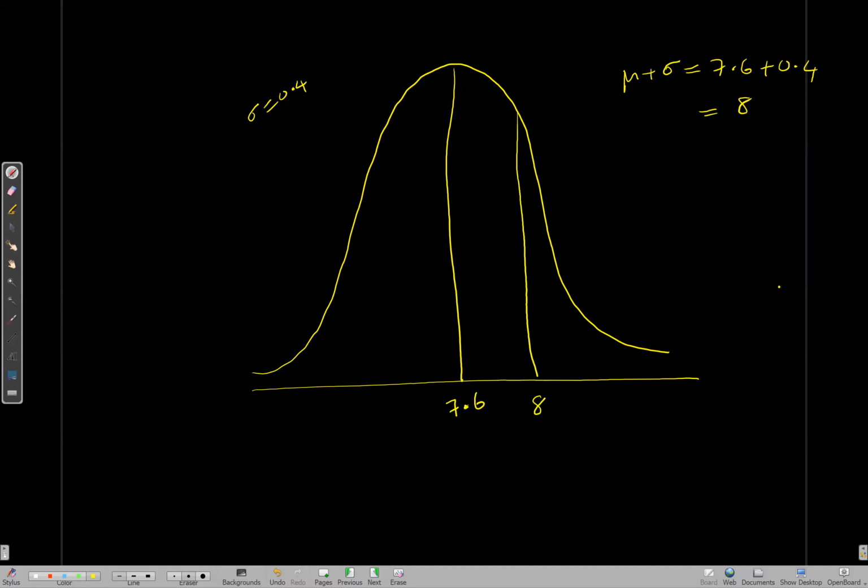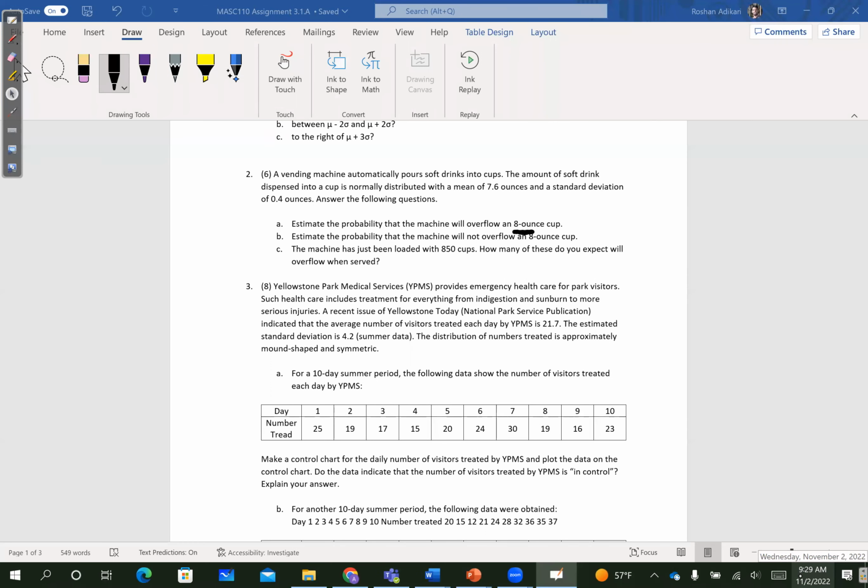The question is asking what are the chances that it will overflow. So you are looking at that area. So figure that out. And estimate the probability the machine will not overflow. So 1 minus your answer in part A. So if you got, for example, 30%, part B is going to be 70%.